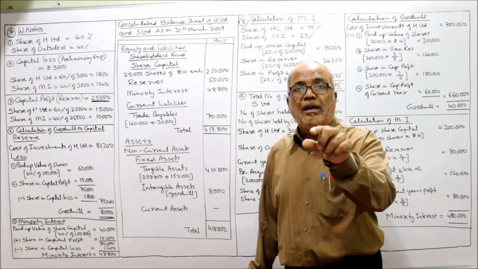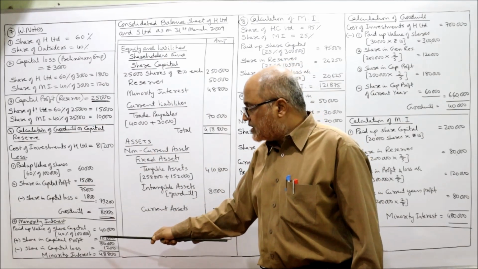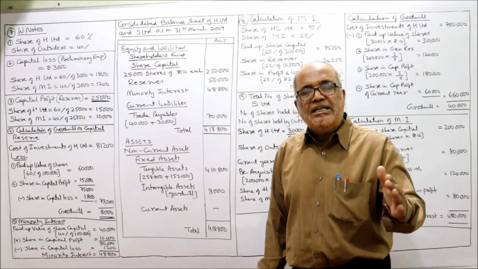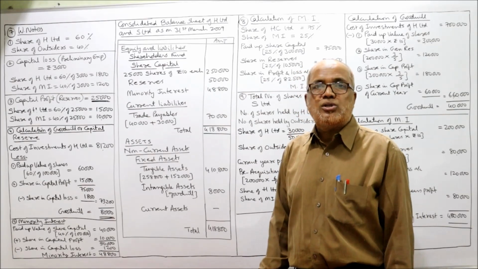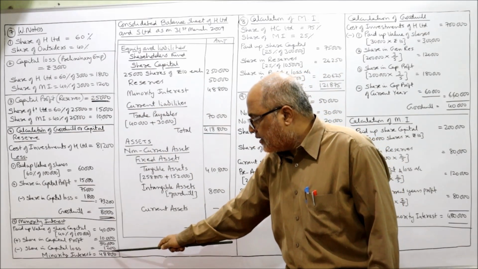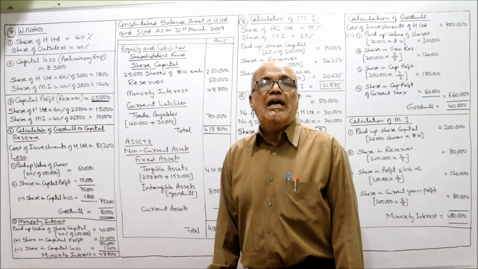Similarly, share of capital profit, here we have calculated, is 10,000. Take 10,000, 40 plus 10, 50,000. From this, deduct share of capital loss. How much capital loss? 1,200. So deduct 1,200, we'll get 48,800 is the minority interest.